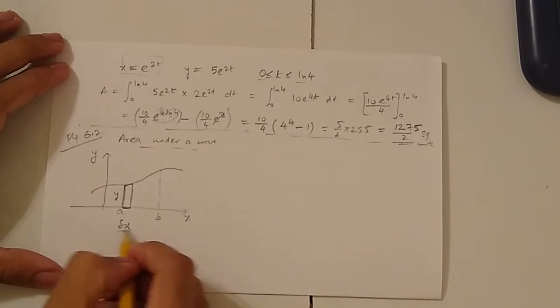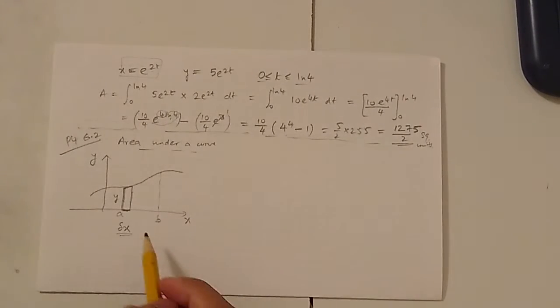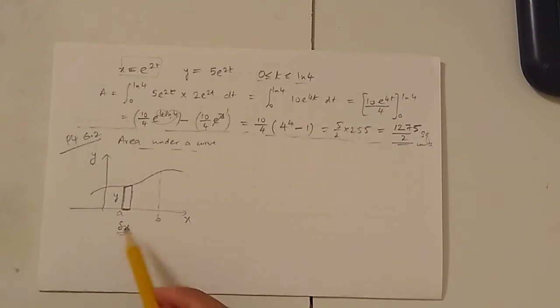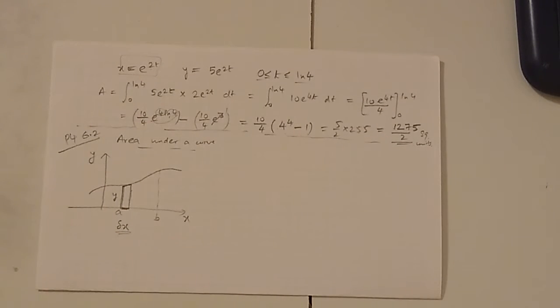You're considering a very small increment in x, so you have a very thin strip with height y and width delta x.